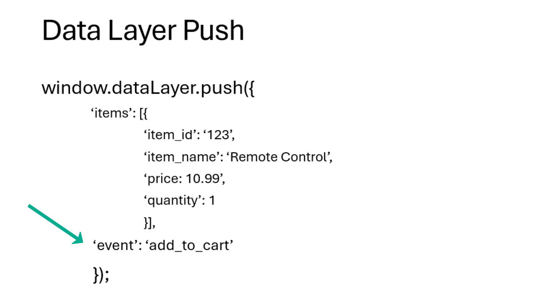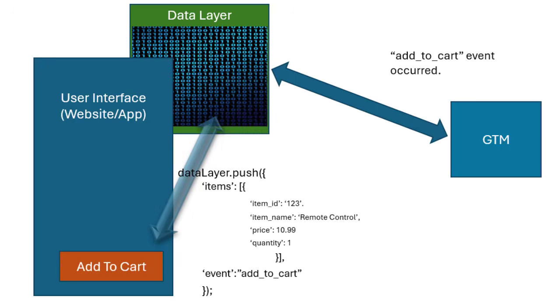So for example, when I am clicking on the Add to Cart button, I want to call it Add to Cart. So that's why I have event: add to cart. This notifies the Tag Manager that the data layer values have changed. You can then track this event using a custom event trigger in the Tag Manager, pull the values from the data layer and pass them to appropriate tags.